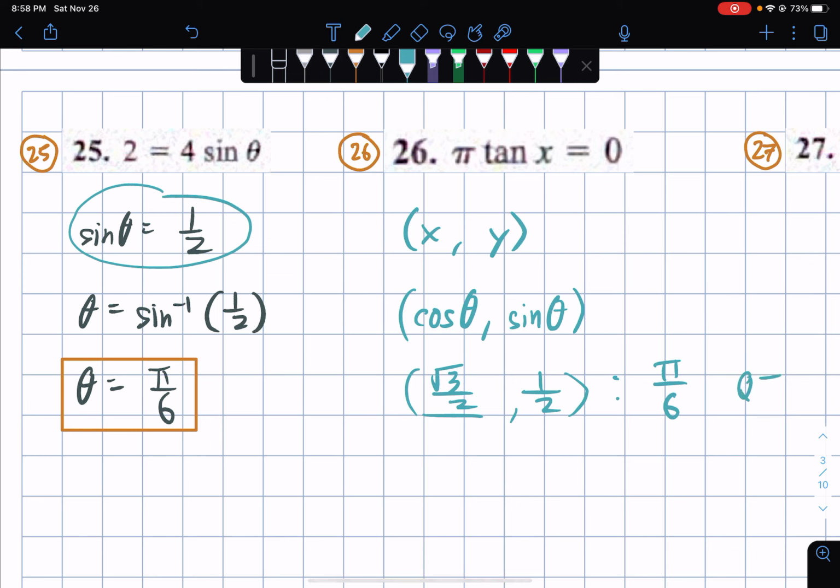Now this is for quadrant 1, since we'll be assuming that both cosine and sine theta are positive. Whether the cosine or sine is positive or negative would depend on the quadrant where it is situated.